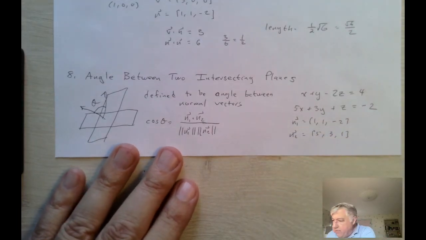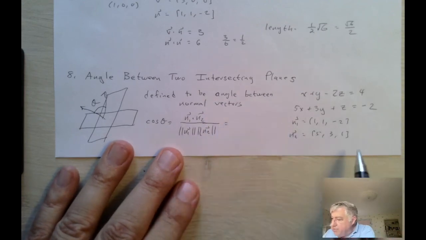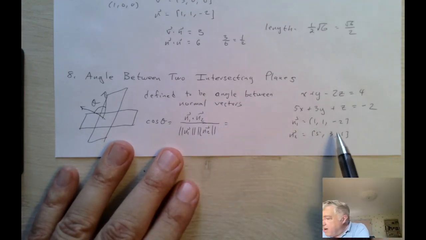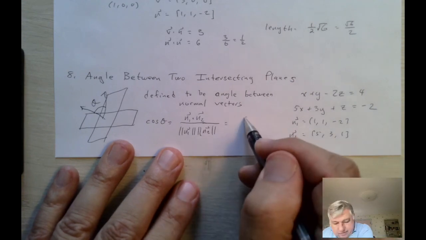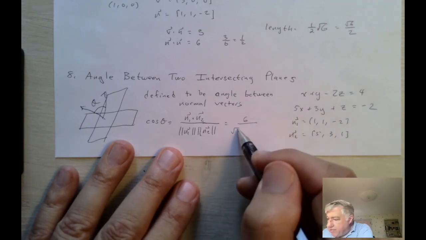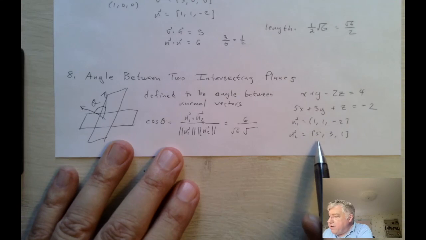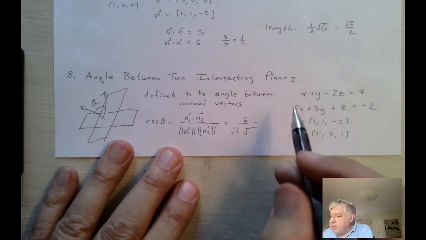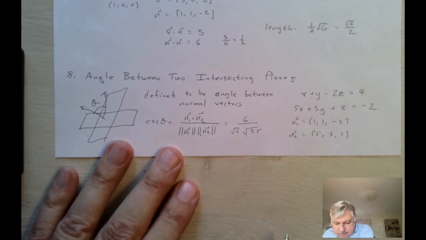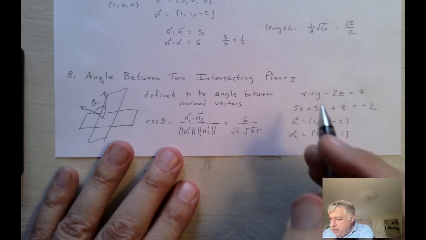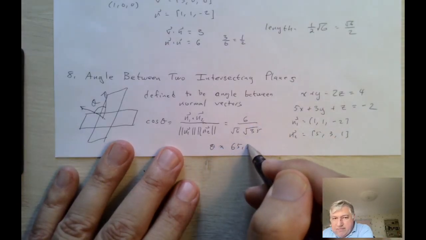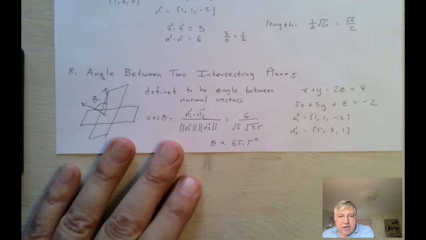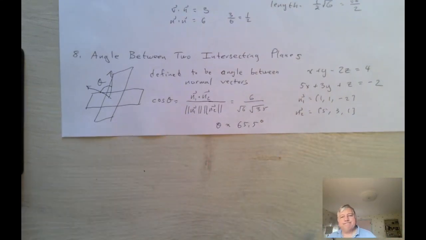And the dot product is 5 plus 3 minus 2, that's 6. And then divided by the square root of 6, and the square root of 5 plus 9 plus 1, which is the square root of 35. So theta is going to be approximately 65.5 degrees. Just calculate this, take the inverse cosine, and you get this.